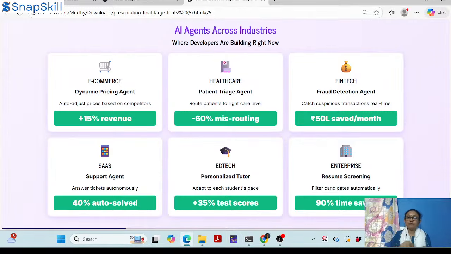So what we are able to achieve here is that we answer the tickets autonomously, and we can reduce the time. Instead of a ticket pending for more than 24 hours, we can reduce that time. So here also we can use agents, and we have to call them support agents.